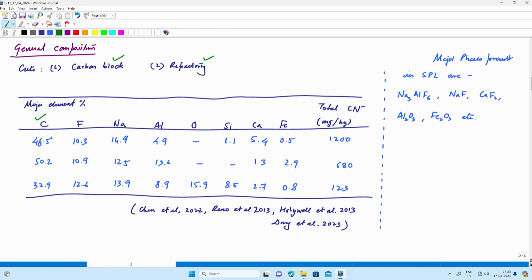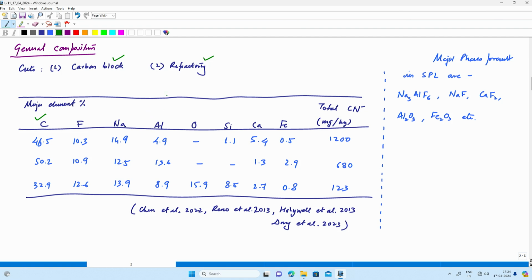We see that carbon is the most important element in the SPL: 46%, nearly 50%, nearly 33% of carbon in various samples of SPL. The next most important elements we can see are fluorine, sodium and aluminium.